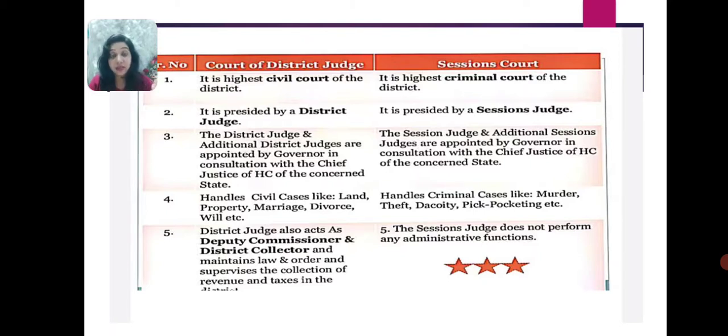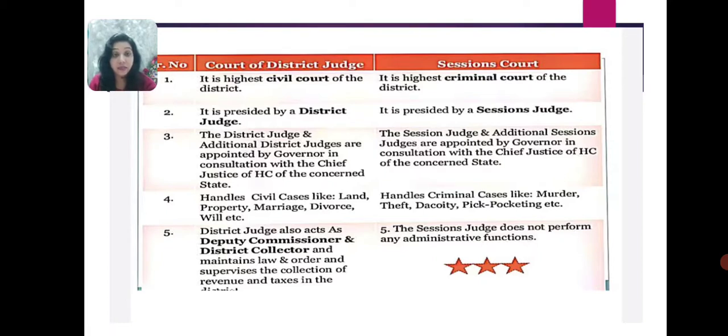So every district judge is also given the responsibility of a district collector, that is DM, we say district magistrate, and maintains law and order and supervises the collection of the revenue and taxes in that particular district. This is the function or duty discharged by a DM.